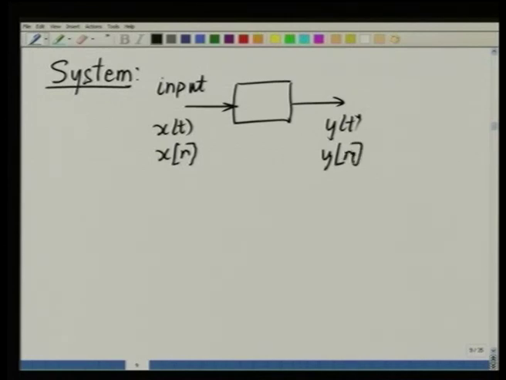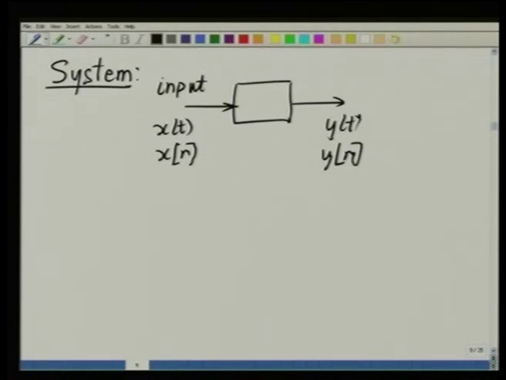At this stage, it is also important to distinguish between these two kinds of signals and systems that we will be continually dealing with in future. The theory is available in two flavors.